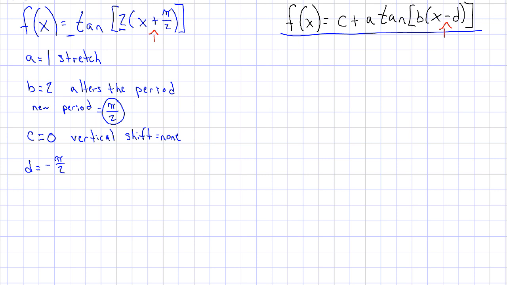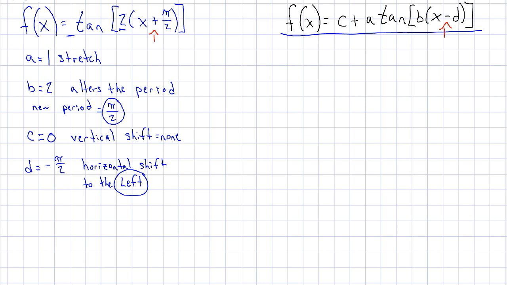It means that my horizontal shift, otherwise known as my phase shift, is to the left. So these are the components that I will need to address when I graph my tangent function.